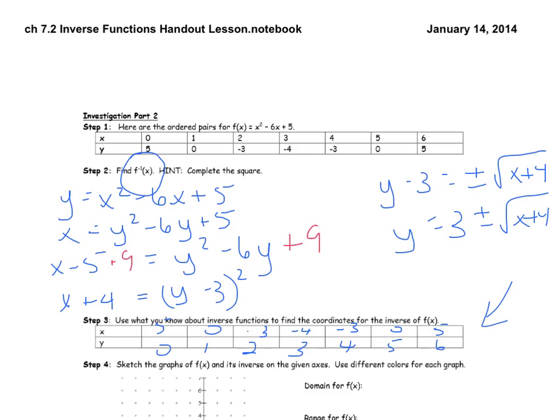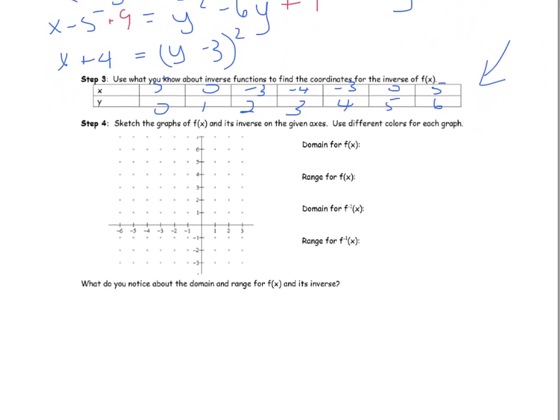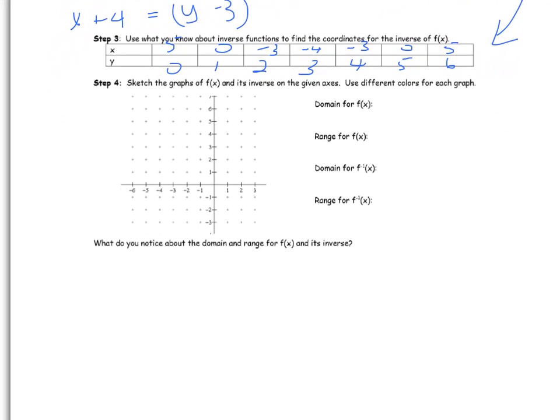Okay, I'm going to move all this down. When you sketch this, again, we want to put in the line y equals x, and then this is our original function. It crosses at 1 and at 5, and down here the vertex is at 3, -4, and I'm just picking the points from the table.